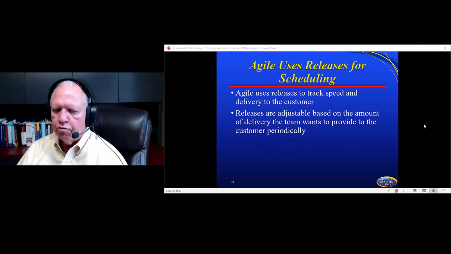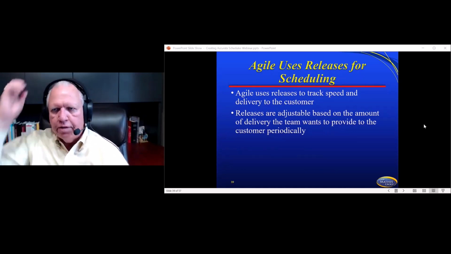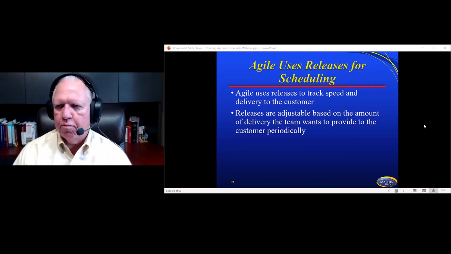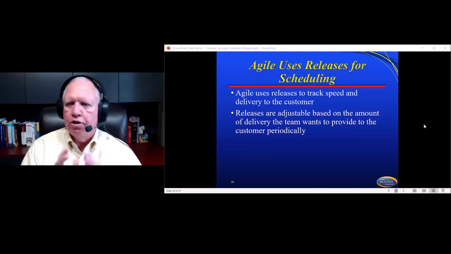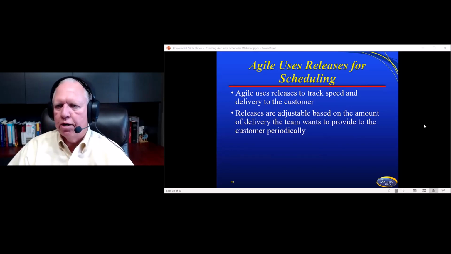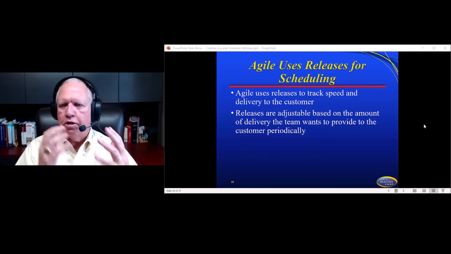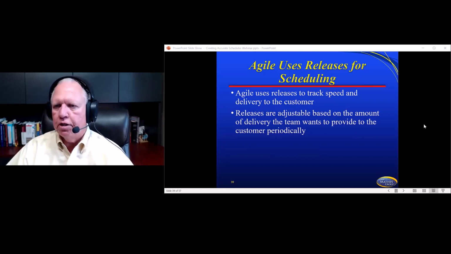Also, Agile uses releases for schedules as well. In other words, a release and an iteration are not the same thing. At the end of each iteration, you're going to hand that customer something to begin working with and seeing from the project. So let's say there's 300 features we're delivering, and we're delivering 15 features at the end of each iteration.